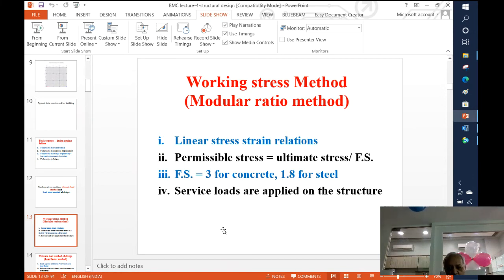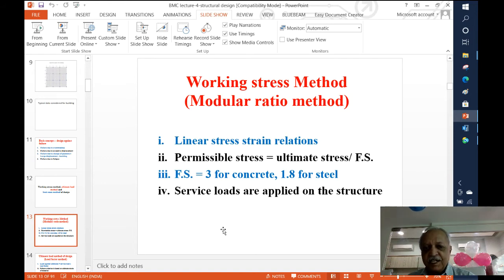So I will not know what is the factor of safety against failure. I only know, considering the material strength, what factor of safety I have provided, but that is no guarantee that the structure will fail at 3 times the load, because beyond the elastic limit the behavior is different. It is not linearly elastic.